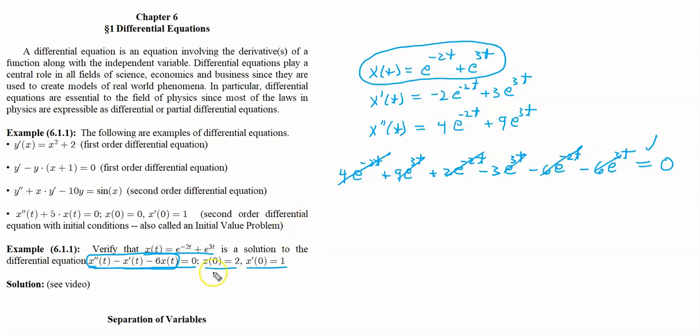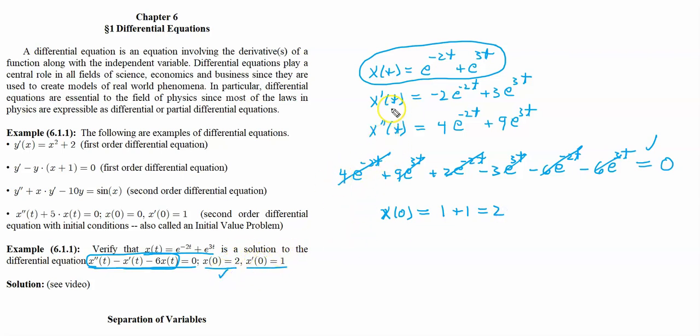Now we also need to verify that it satisfies the initial conditions. So notice that x of 0, if I put 0 in here for t, I get 1 plus 1, and that of course is 2, so that verifies that one.